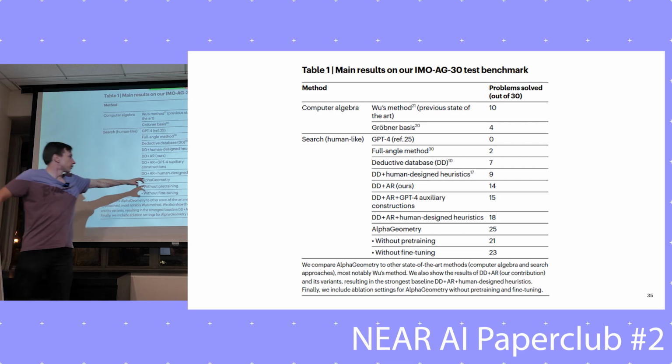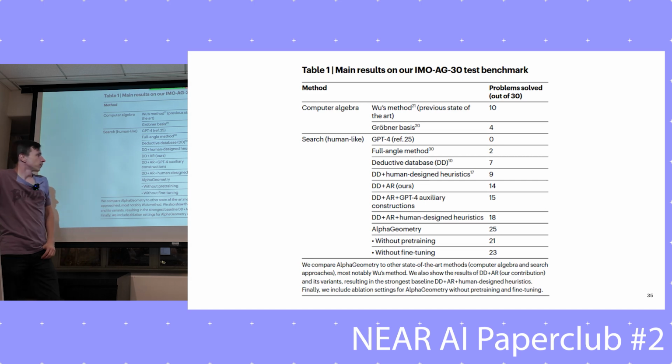But if they use human design heuristics, that brings it to 18. And as a reference, it's not here in the table, but I think a gold medalist on average solved 26. Yeah, and AlphaGeometry solved 25. So that's a lot. It didn't solve 5, and they looked at some of them.